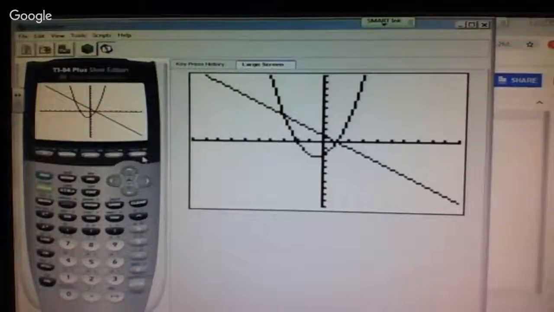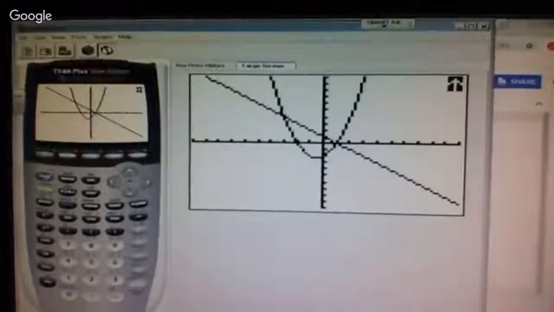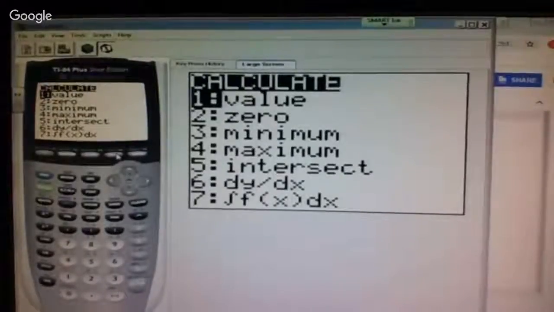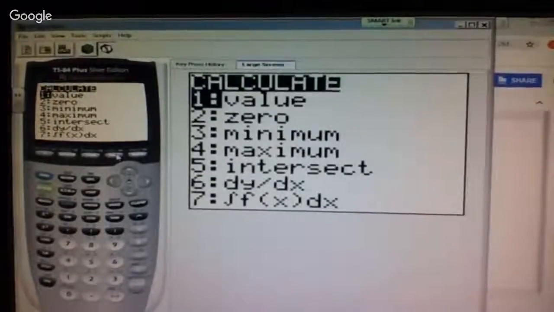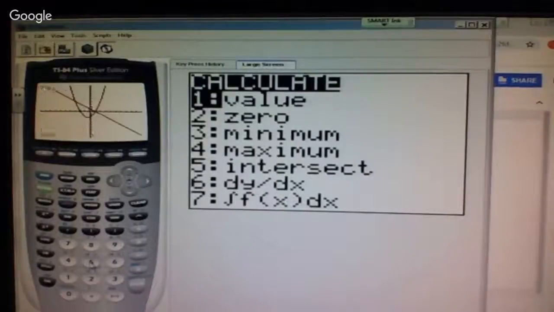So, in order to find your solutions to a system, you would go second trace, just like you would to find a min, max, when we did all that with quadratics. But this time you're looking at where they cross. So you're looking for an intersection. You want choice number 5.